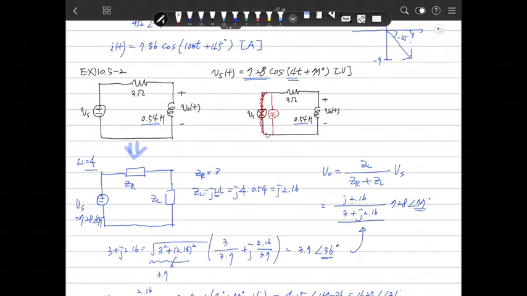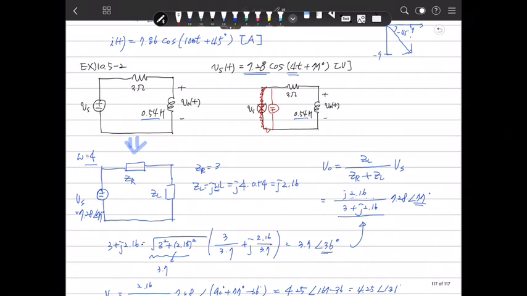Then how do we solve it? If you transfer the source socket here, plus minus, the same way, this is GL, this is GR.